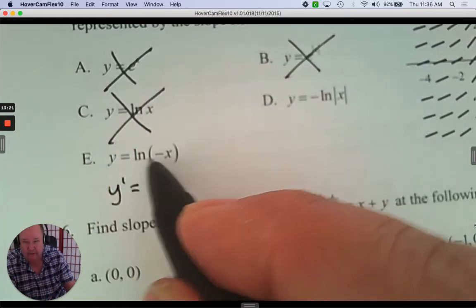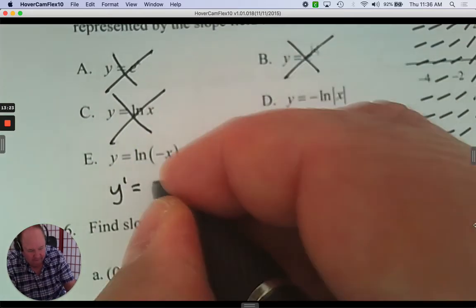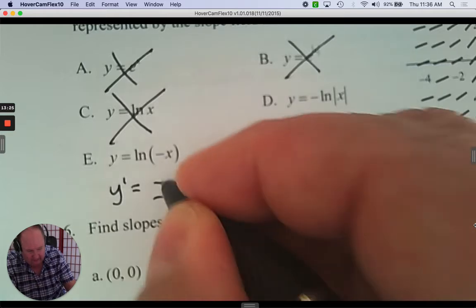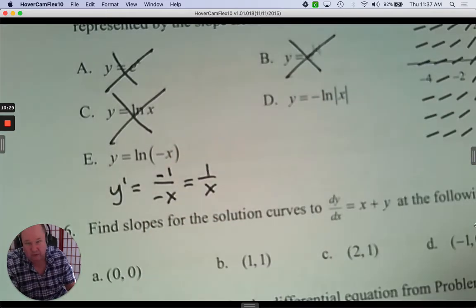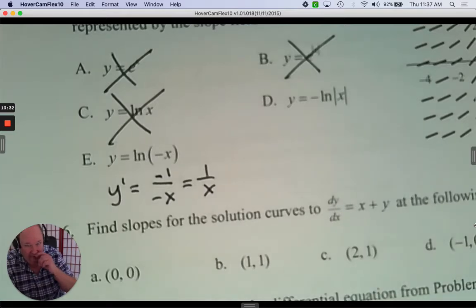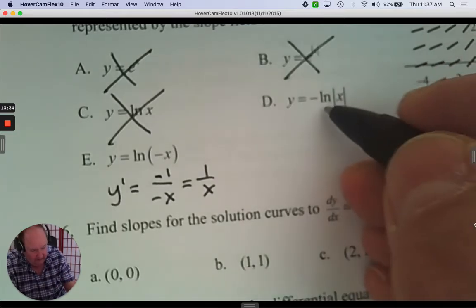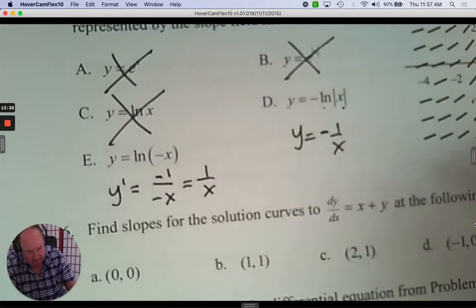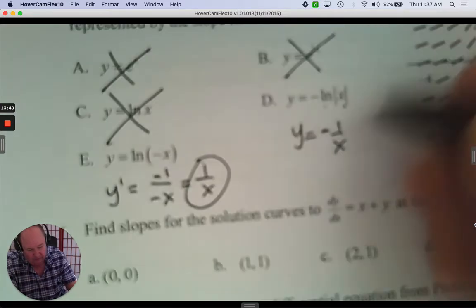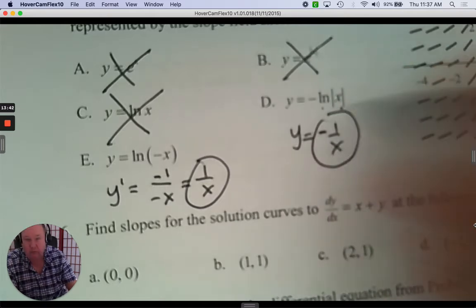So what's the derivative of ln negative x? What I see is negative x, and the derivative of that is -1. So that's just 1 over x is the derivative. Here, negative ln x, the derivative is -1 over x. So one is positive 1 over x, and the other is -1 over x.